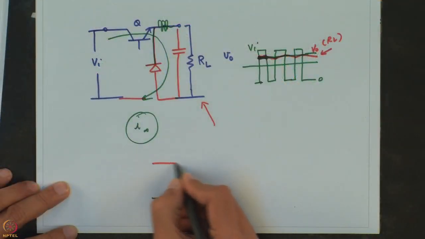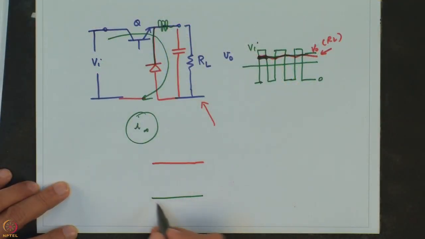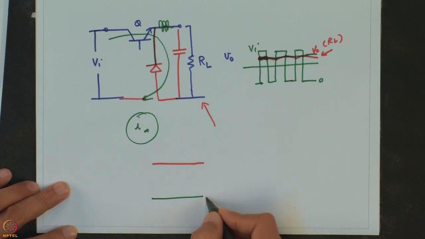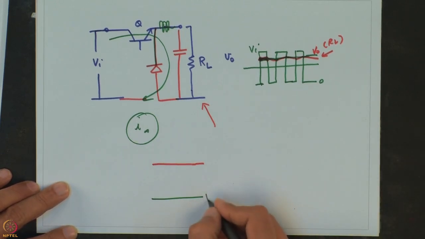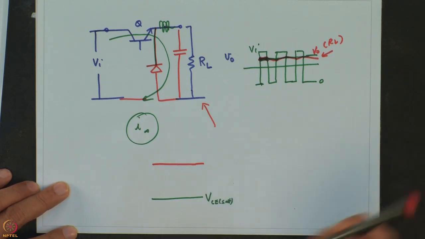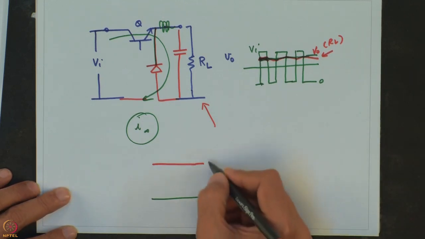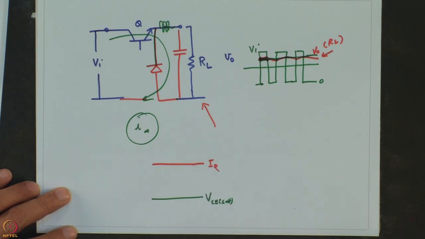So, the situation is that when my current is maximum, my voltage is very less. This is actually just VCE sat. I can call this conducting current IQ.